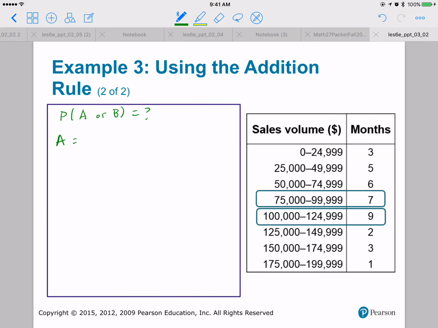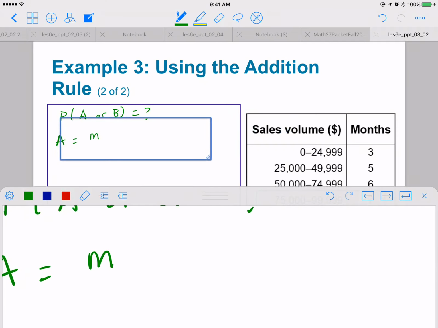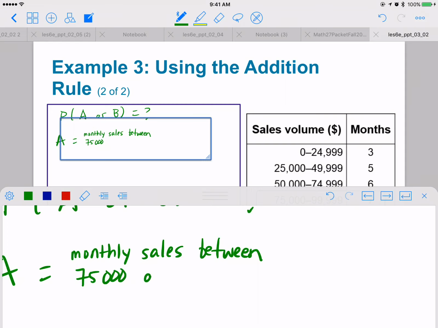Here A is going to be the event that you have monthly sales between 75,000 and 99,999.